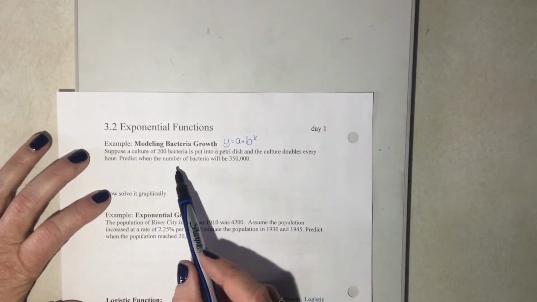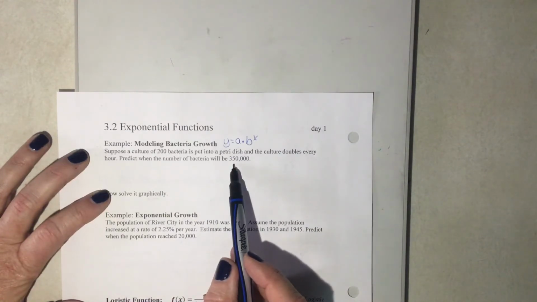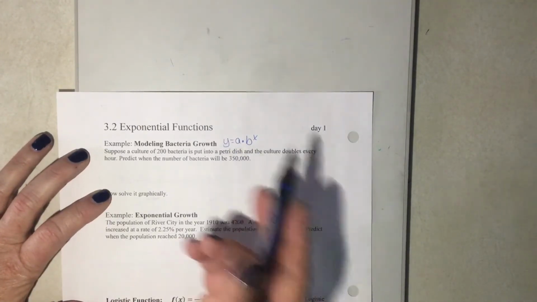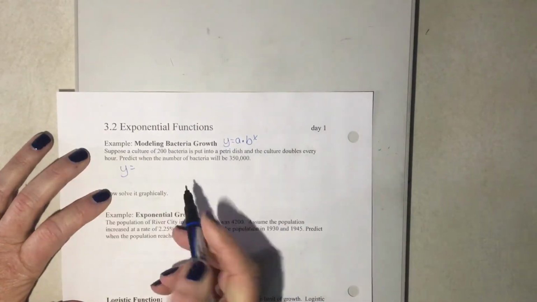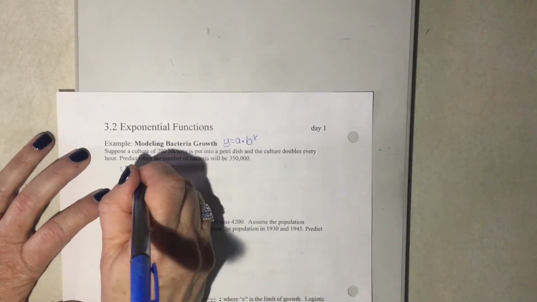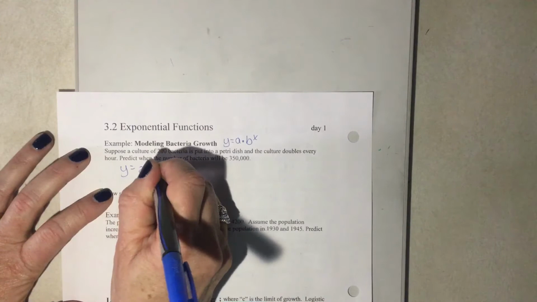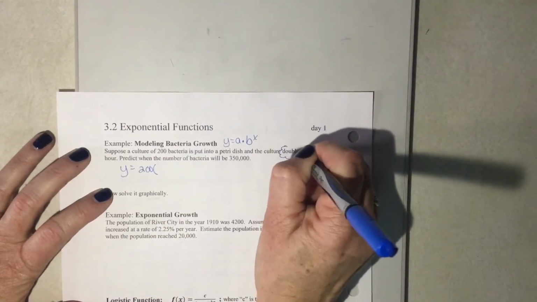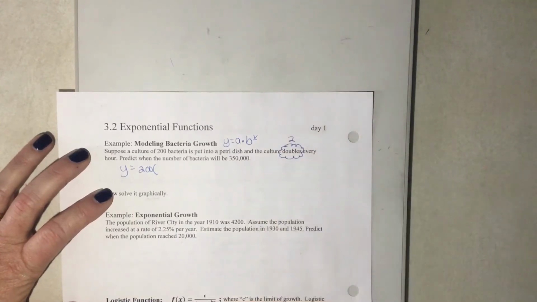It's just wanting to know when the bacteria is going to be 350,000. This is very similar to our problem from yesterday. So y equals, what's my initial value? When did they start counting the bacteria? At 200. What's my growth factor? 2. Doubles, and again, if that's confusing, refer to your chart down below.